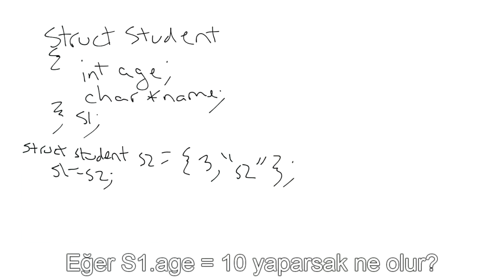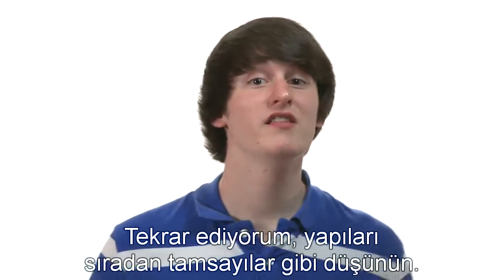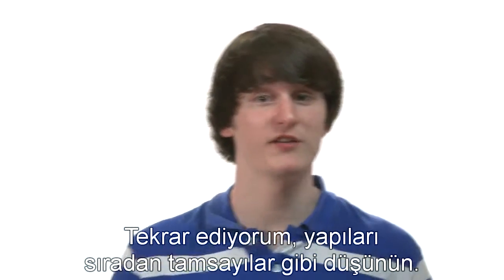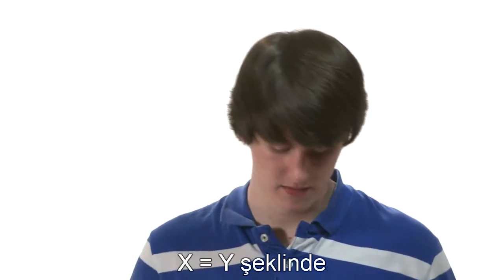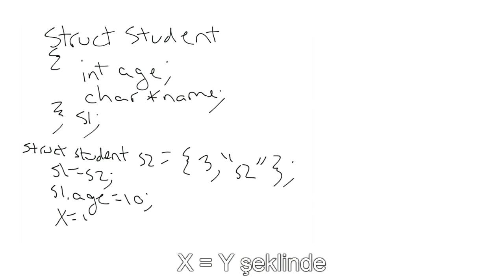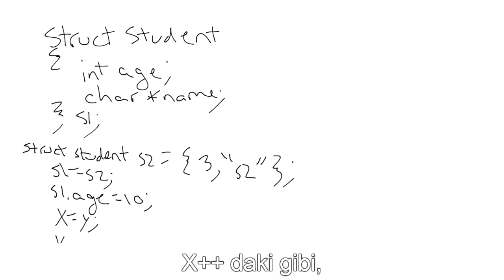What happens if we do S1.age equals 10? Does S2 change at all? Again, think of the structs just as regular integers. If we assign some int y to some int x, like x equals y, and then change x, as in x plus plus, does y change at all?